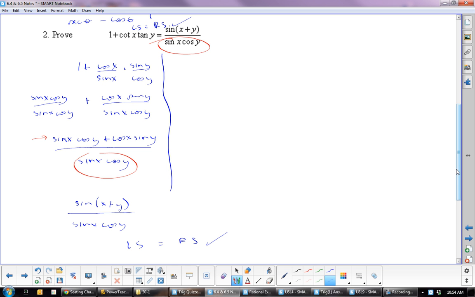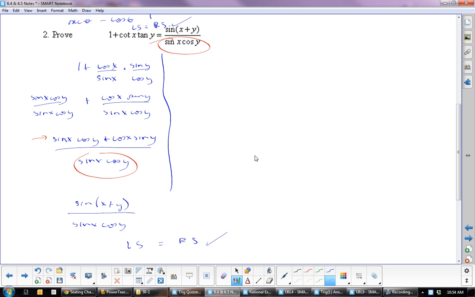Now some of you are probably thinking, I would have just gone with this one, got this, and then worked through it that way, splitting it up. There are so many ways to do these. Is it wrong to work halfway down this one and halfway down that one until they equal each other?